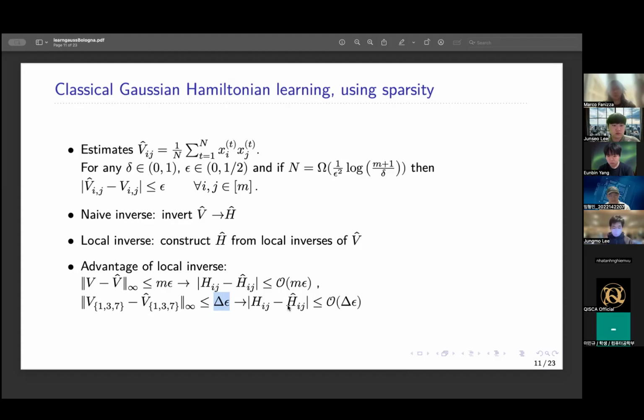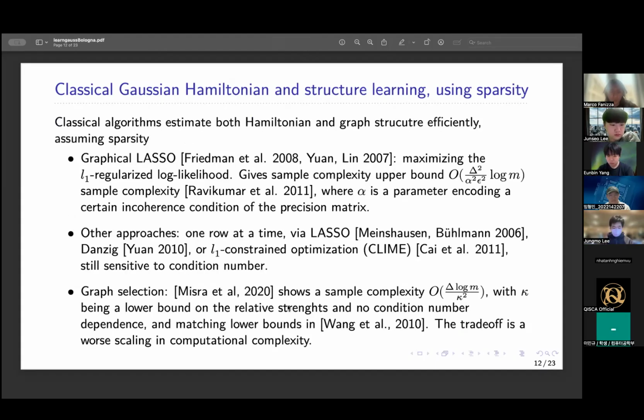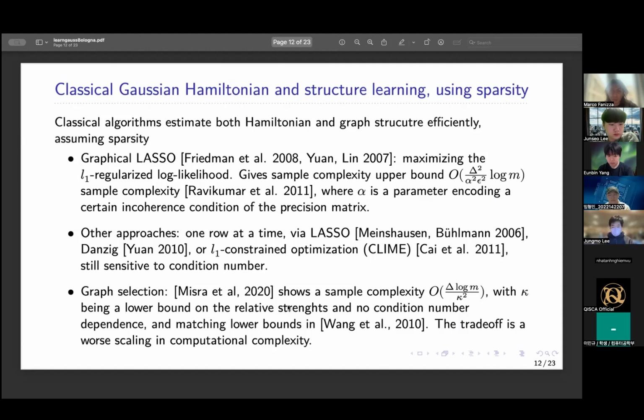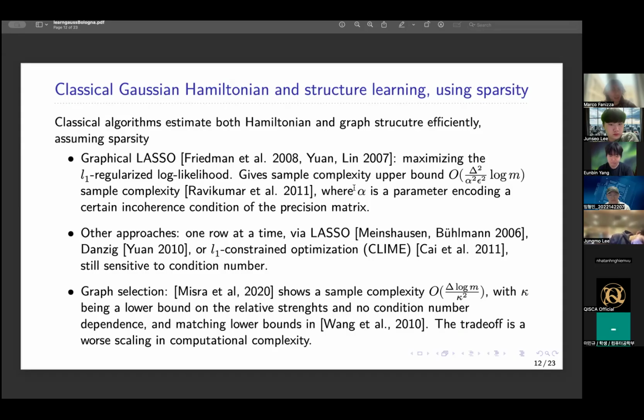So we want to promote these ideas to the quantum setting. But first of all, let me also mention that in the classical case, there are a lot of very nice algorithms to do this. And in fact, when the graph is known, the problem is a bit easier. So most algorithms directly work in the situation where the graph is not known and you just assume sparsity.